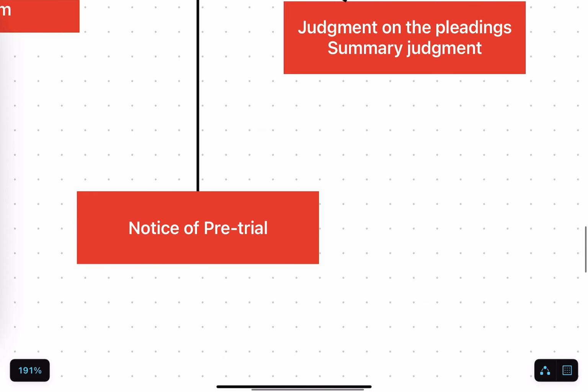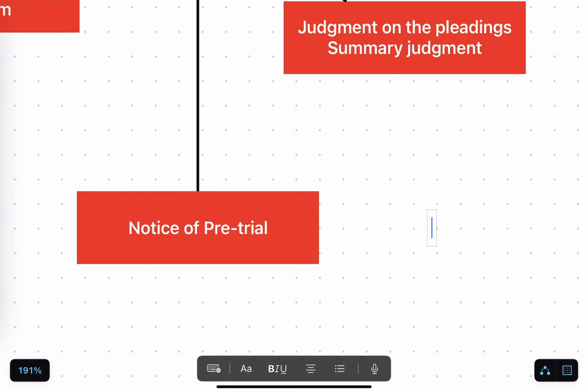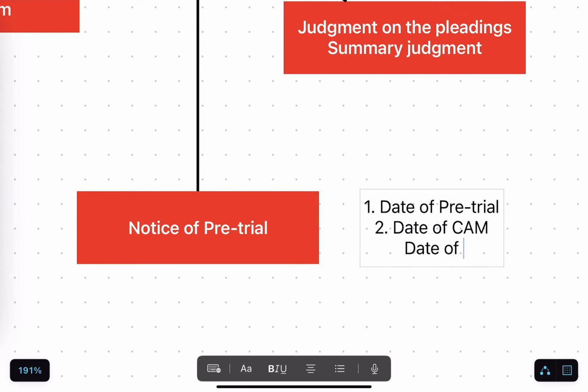It would contain the what? First, the pre-trial itself. Number 2, court. So it will contain the dates. Okay, the date of pre-trial, the date of court annexed mediation, and the date of judicial dispute resolution, if necessary.